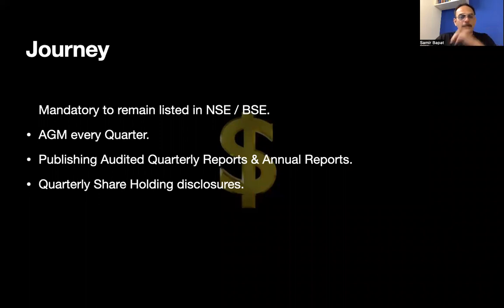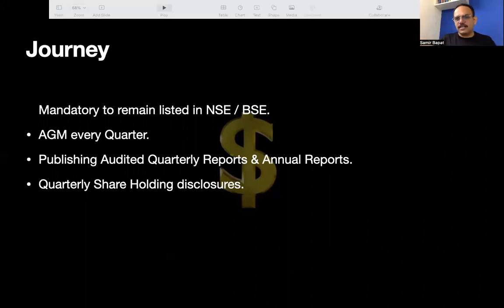Now, once the IPO is there, people subscribe to it, they get the shares, and it starts trading on the stock exchange. Then, as per the stock exchange, they need to have more documentation. They need to have an annual general meeting and call all stakeholders.